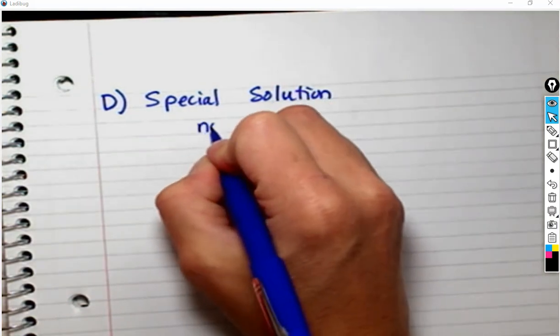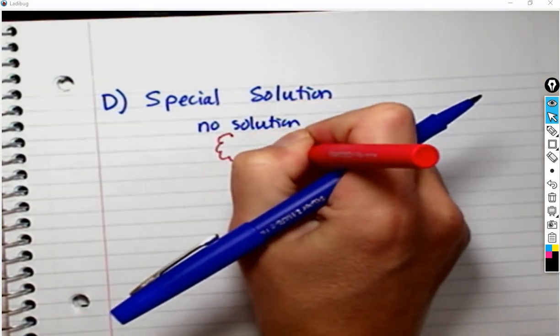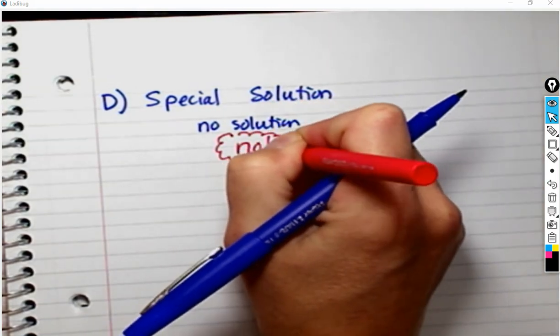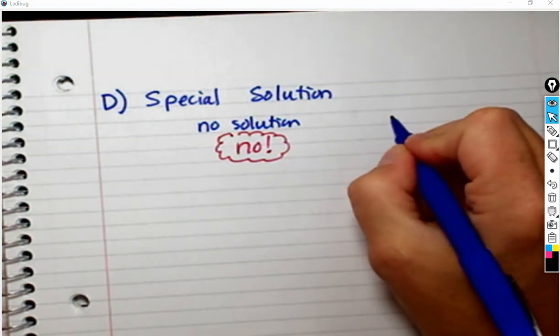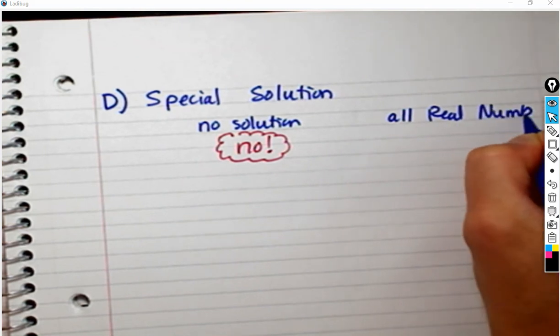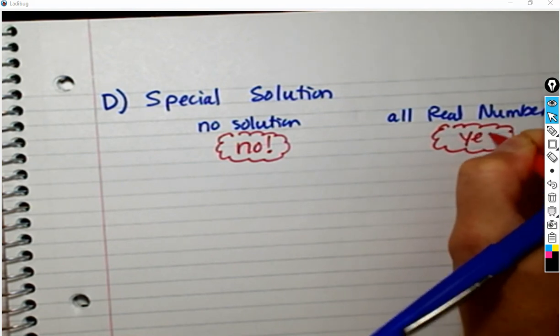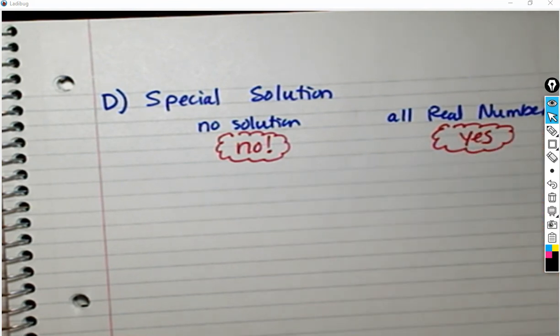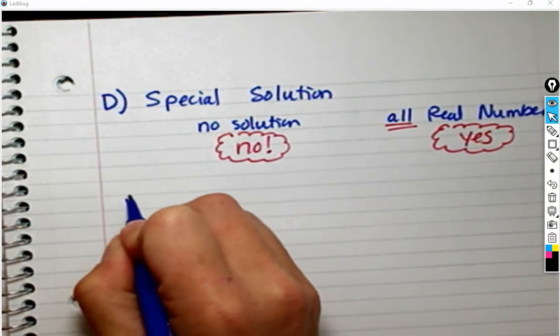So we either have no solution, which is what happens when I use my brain and I think about it and I say no, like we did with the negative distance earlier today, or potentially all real numbers. This happens when I say yes, like, yes, that has to work all the time. Okay, so we're going to do this by an example.